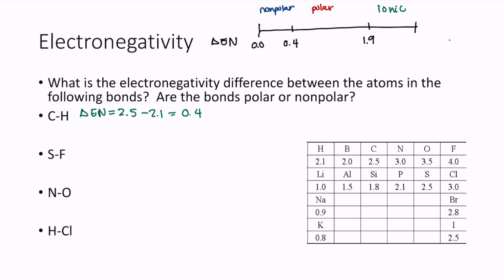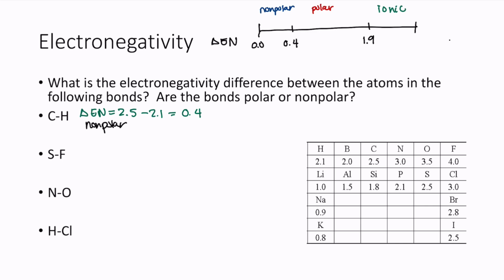When I look at my scale, 0 to 0.4 is nonpolar. So the C-H bond is going to be nonpolar. It means that the carbon and hydrogen are going to be sharing their electrons equally.